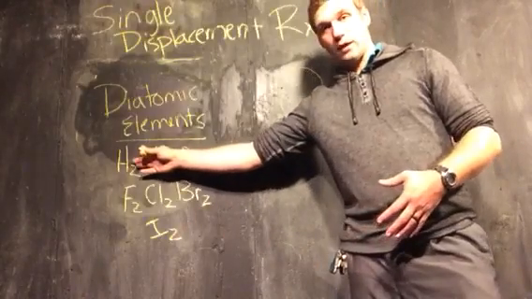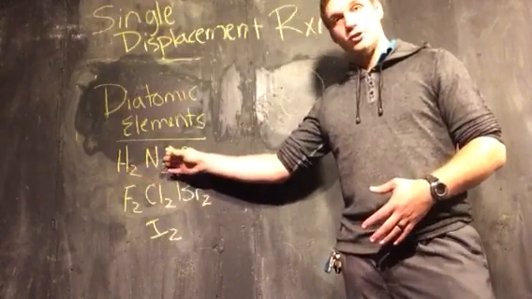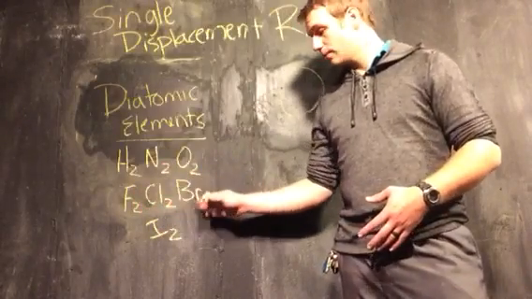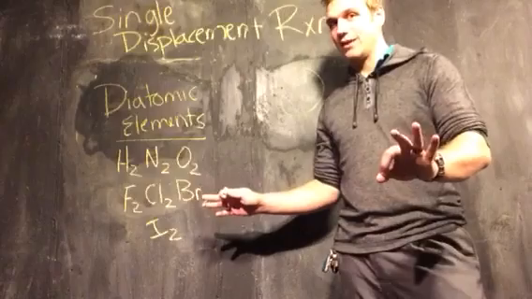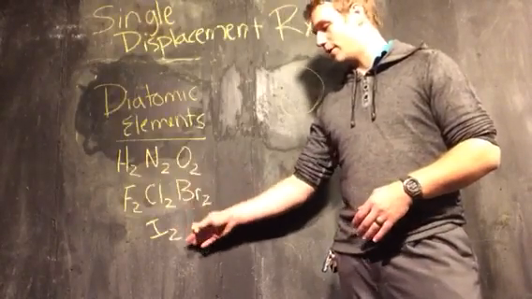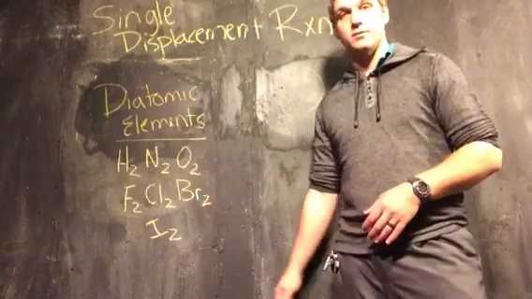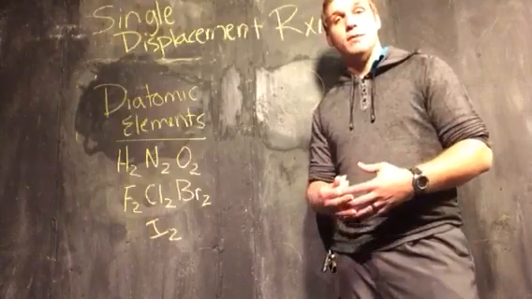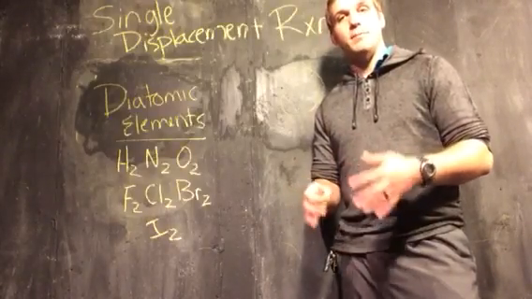Same with hydrogen gas, nitrogen gas, fluorine gas, chlorine gas, bromine, liquid, okay, and iodine. So when we talk about these, solid, liquid, the rest are gases. So those are your diatomic elements. You need to know that. The rest of them occur not diatomically but by themselves.